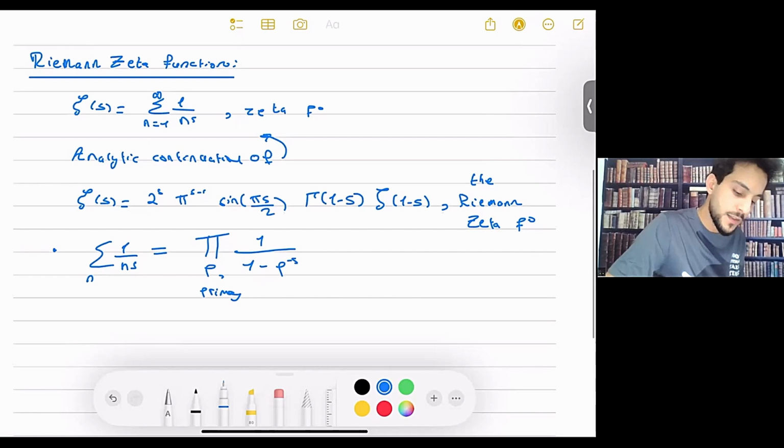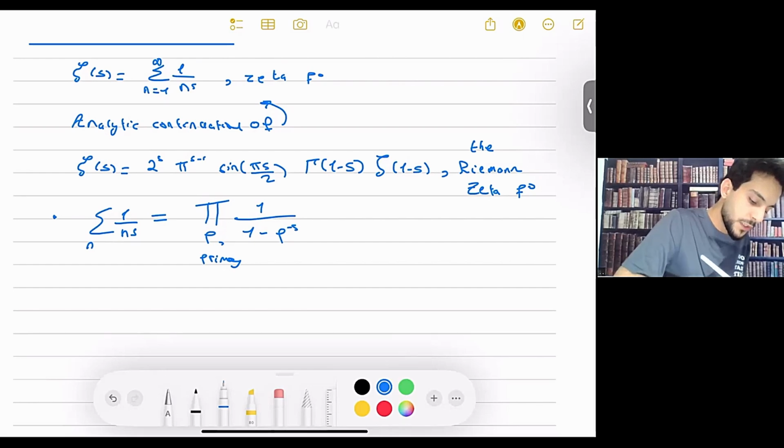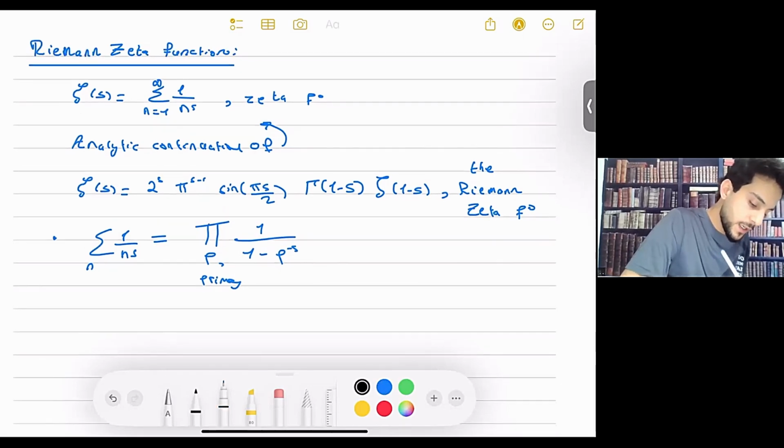And for you to see this, let me give you a rough idea of why this is the case. This is just a hand-waving proof, and these computations were actually done by Euler.